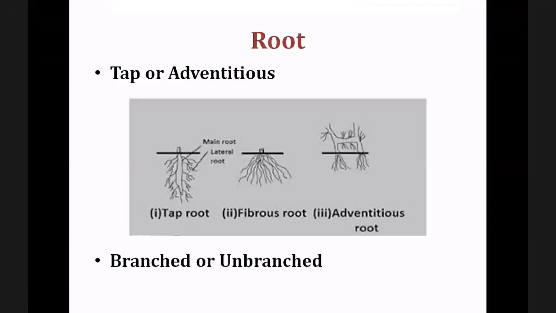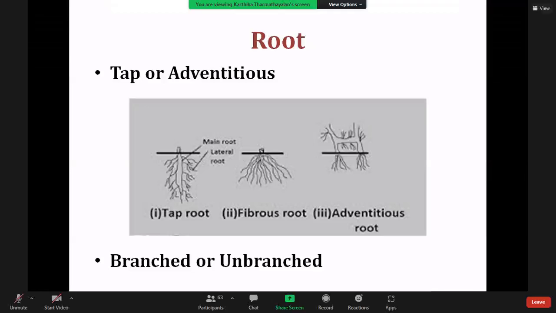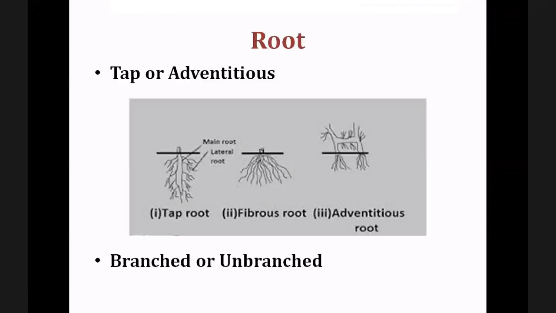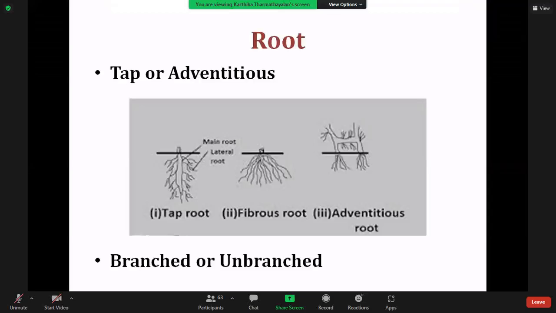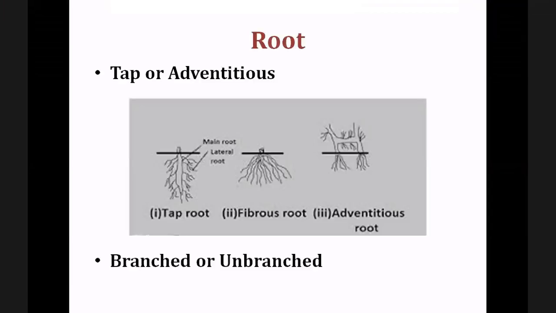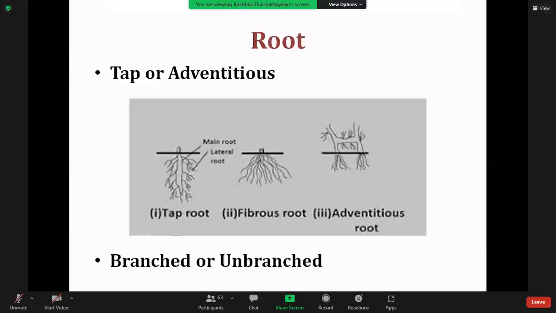The tap root is the root of dicots, and the fibrous root is the root of monocots. The tap root is the main root of the primary root system, and it commonly grows vertically.